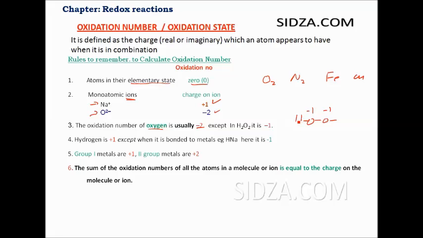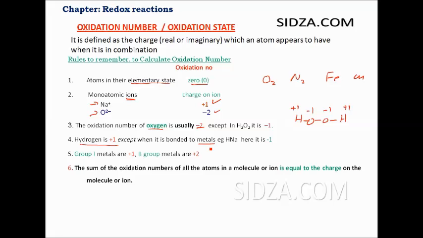If it is hydrogen peroxide, it will be like this. In hydrogen peroxide, hydrogen always has a +1 oxidation state, except when it is combined with the metals.